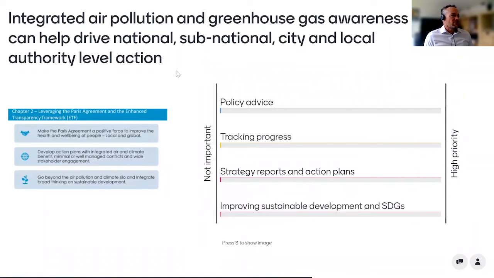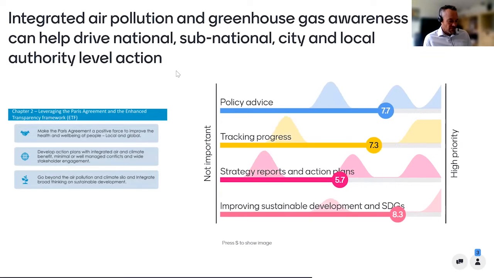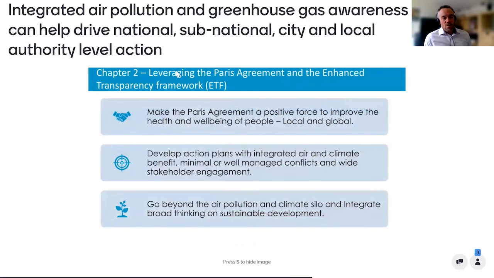Chapter 2 is really looking at leveraging the Paris Agreement for enhanced transparency. And what we're trying to do is to get the Paris Agreement as a vehicle for change. And I think some people will agree that when we look at climate and we look at greenhouse gases, it's a very dumbed down perception of global problems, but it's a useful metric to get people on board and to get people to understand the problems.